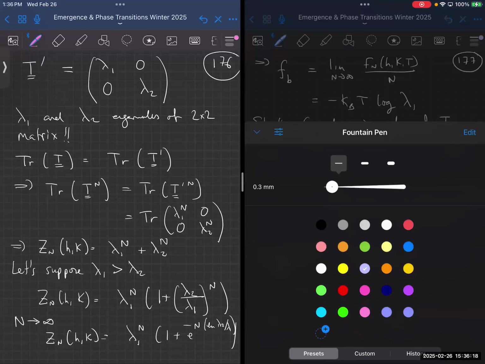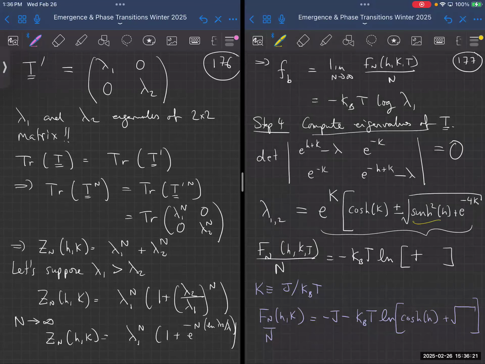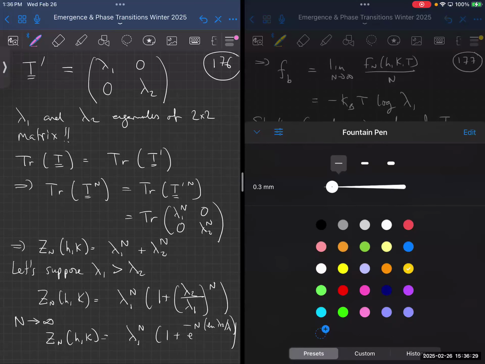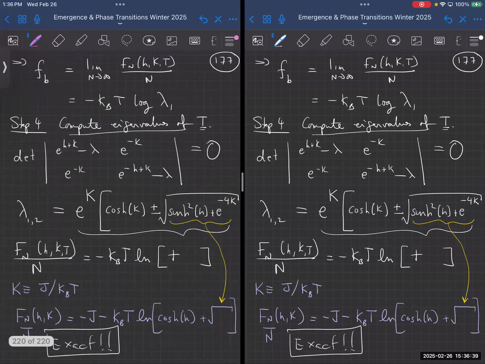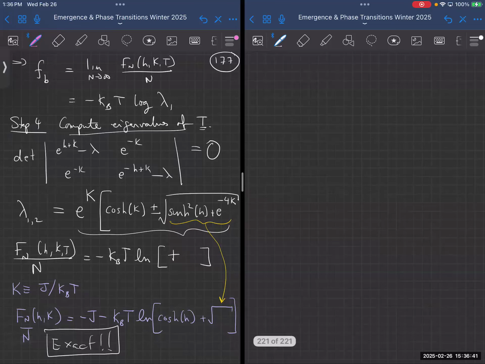And the square root is this thing over here. And this is exact. We've just solved the 1D Ising model exactly. Isn't that amazing? And Onsager figured out how to extend this to 2 dimensions. Okay, and it's completely non-trivial in 2 dimensions.